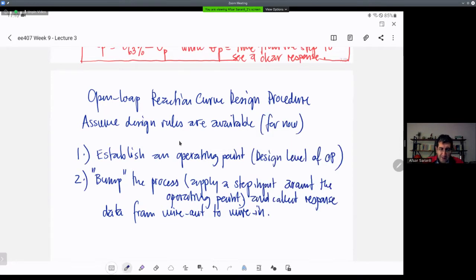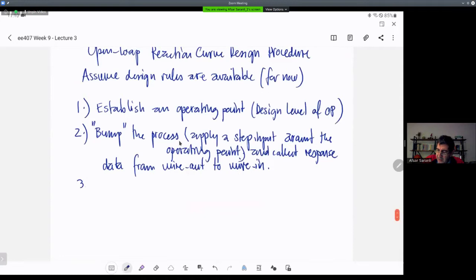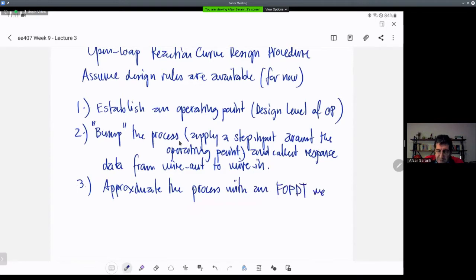Step 3, approximate the process with an FOPDT model. So you obtain the model parameters.